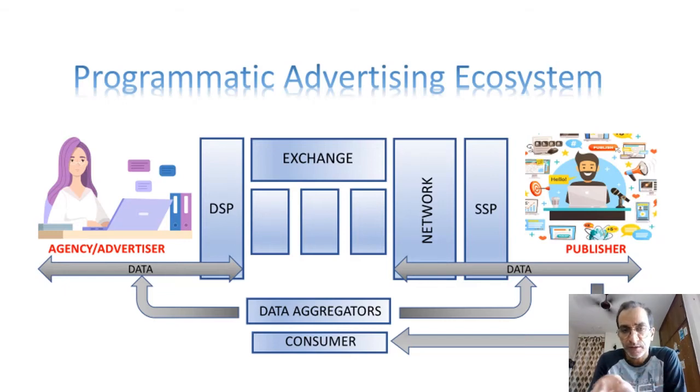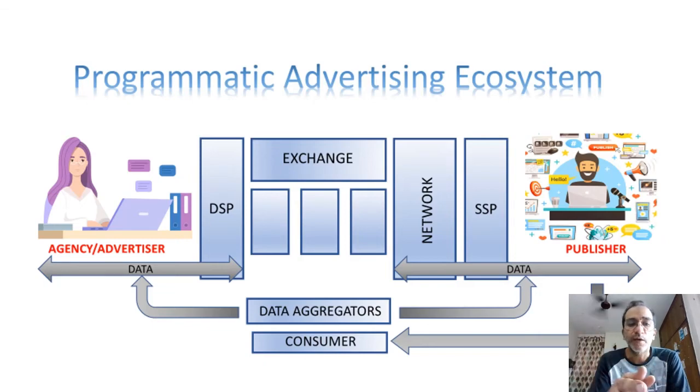this is the overall picture of what it is basically. So on the agency and advertiser side, you have the DSP, which is the demand side platform, and there is a publisher who wants to sell the inventory through a supply side platform.